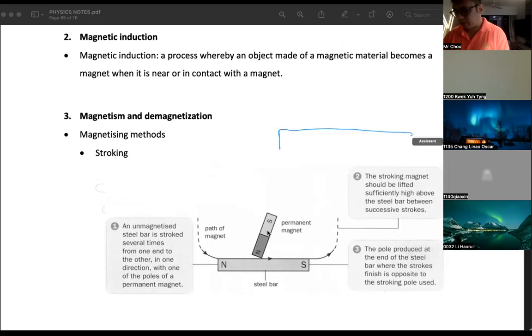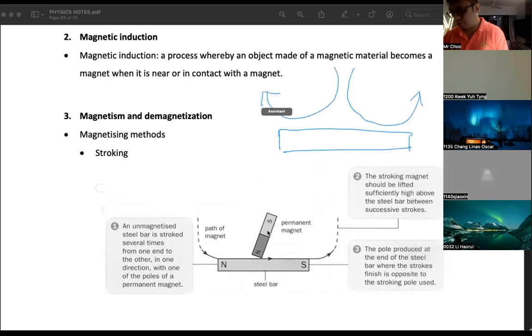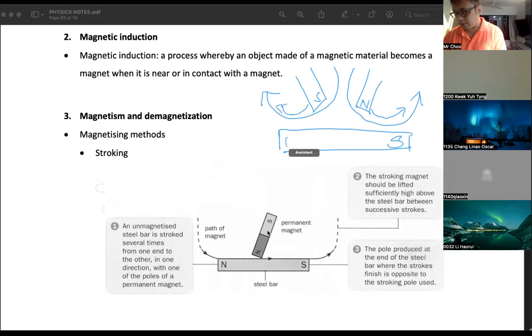Now, how about the two magnet method? Same thing. This is a steel bar, and you have two magnets stroking in this way. If I use a north pole here, I use a south pole here. This north pole will go this way, and this part will become south. This south pole goes this way, and this part will become north.